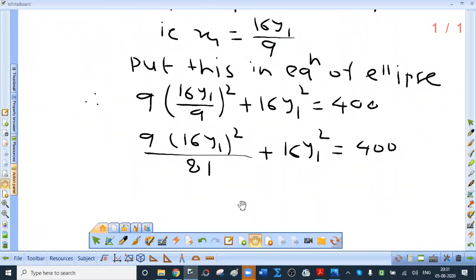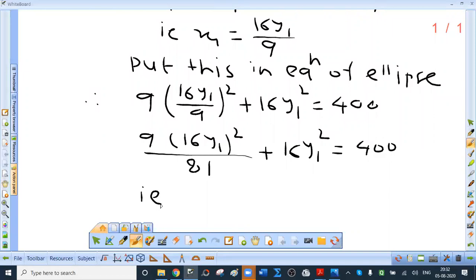You have to multiply by 9. In fact, 400 is also divisible by 16, right?